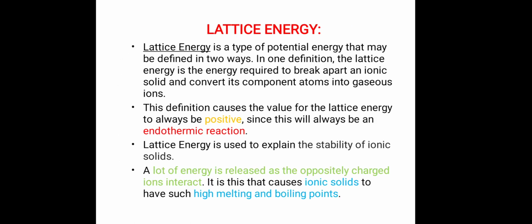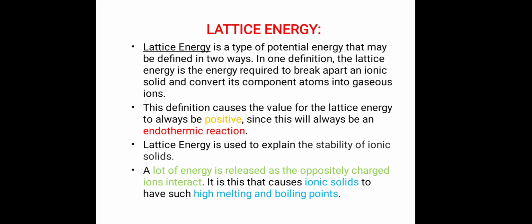Lattice energy. Lattice energy is a type of potential energy that may be defined in two ways. In one definition, the lattice energy is the energy required to break apart an ionic solid and convert its component atoms into gaseous ions. This definition causes the value of the lattice energy to always be positive.